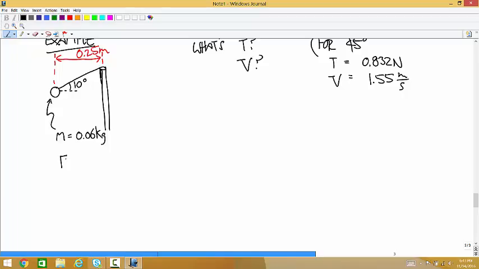Okay, so for this kind of problem, for tetherball problems, we take a side view. So the view that's drawn here is the way we're going to do this problem. And the centripetal acceleration goes this way. And I'll use a coordinate system like this.